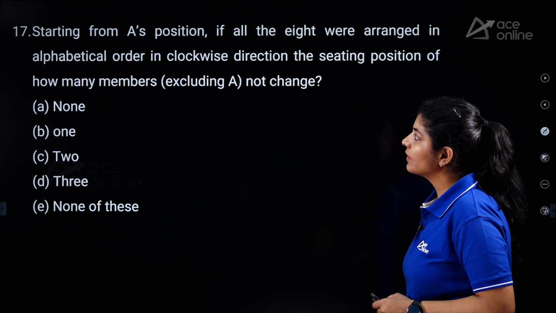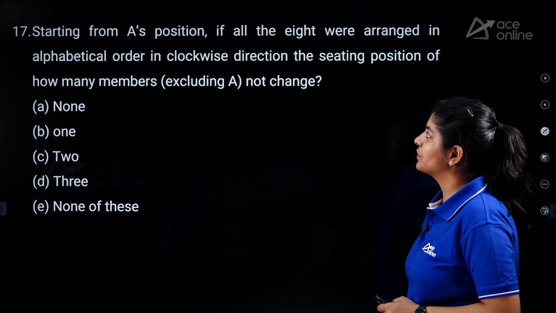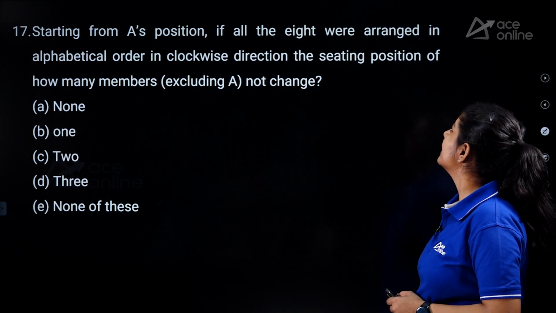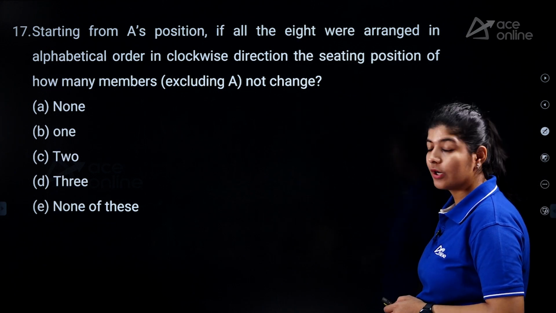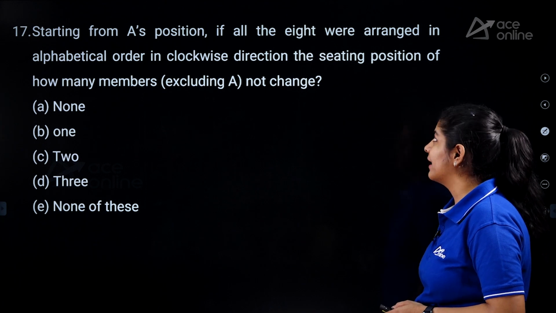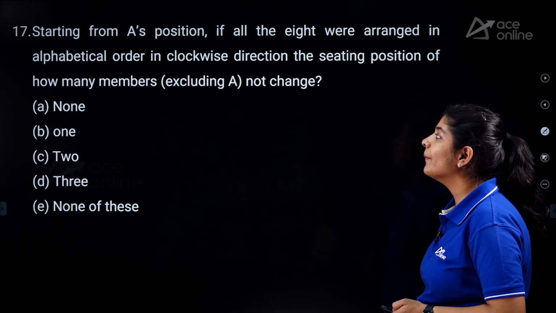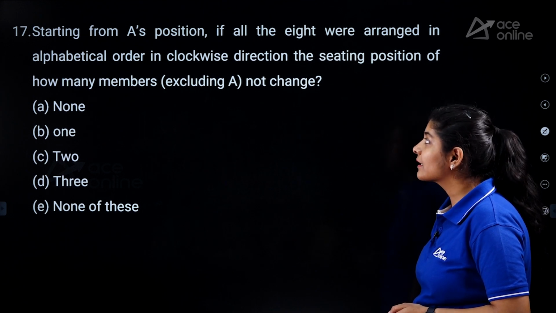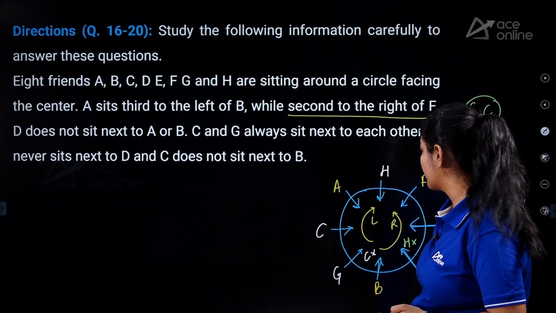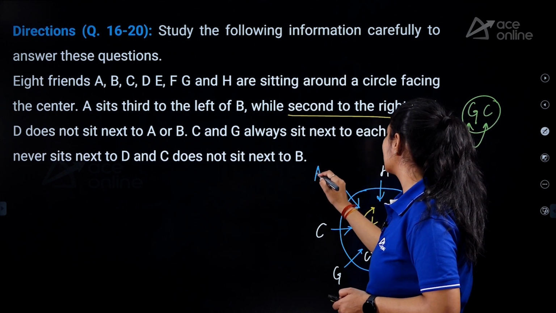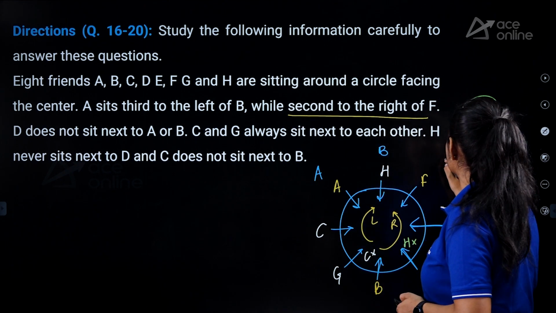Next. Starting from A's position, if all the 8 were arranged in alphabetical order in clockwise direction, the sitting position of how many members excluding A will not change? Okay, so if we start in the clockwise direction, they will sit like this.